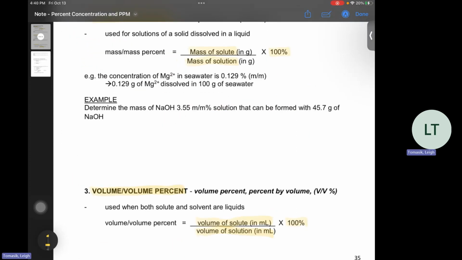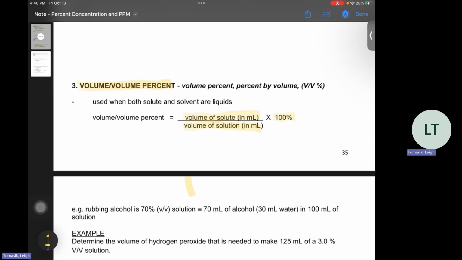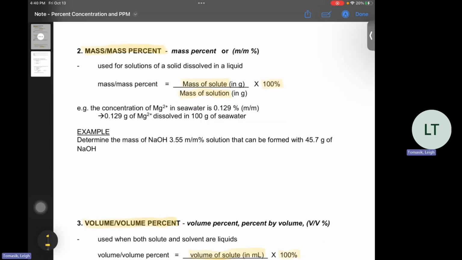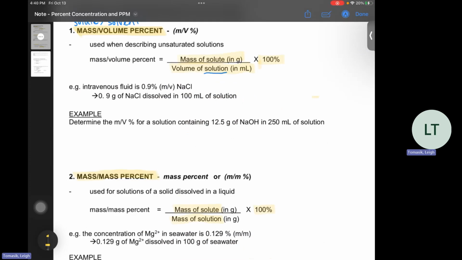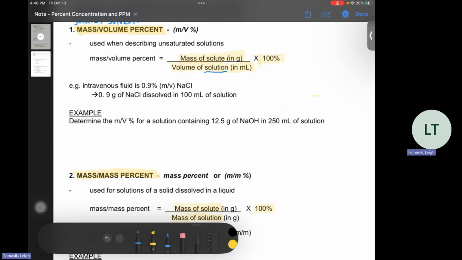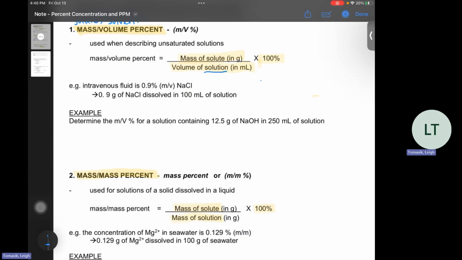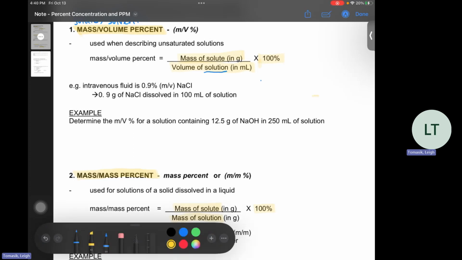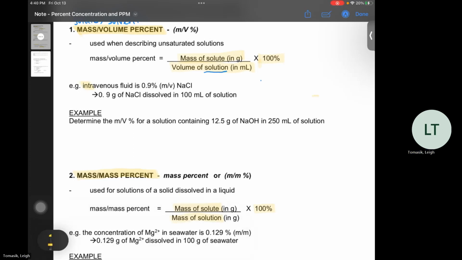Okay, so we're going to learn how to work with these formulas, and they're very simple. It says intravenous fluid, IV fluid, is 0.9% mass per volume of sodium chloride. Have you ever heard of a saline solution?